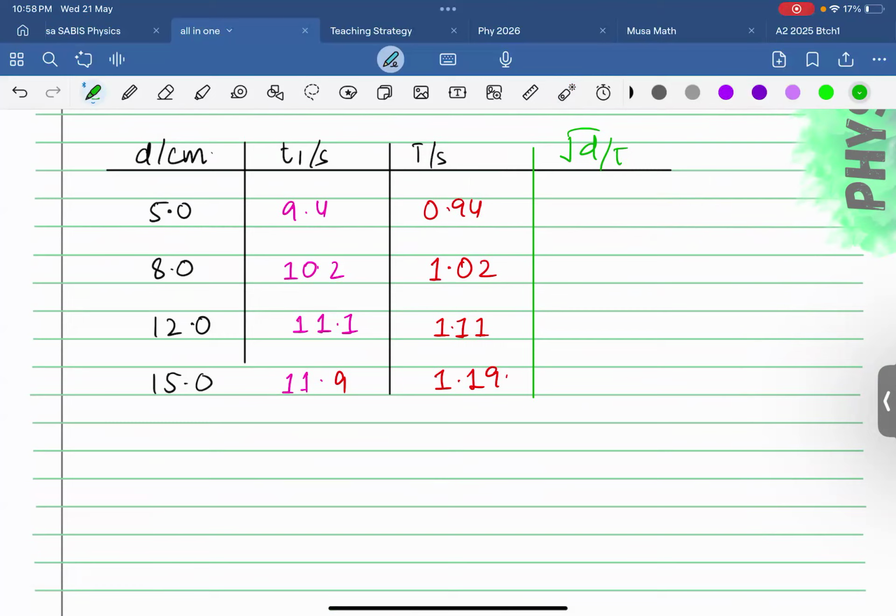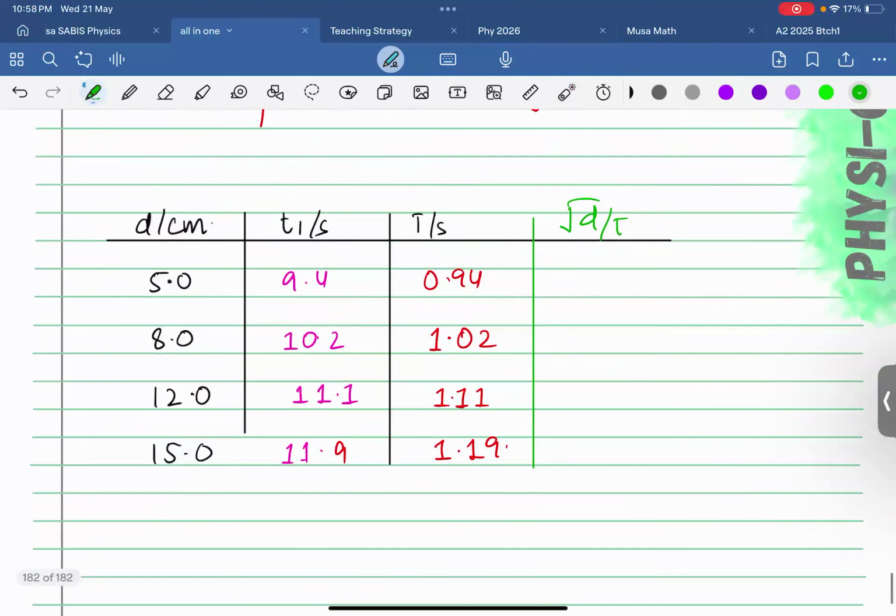So square root of 5.0 divided by 0.94. I'm getting 2.378759. Both are in 2 SF, so your answer should be in 2 SF. So I round off my value to 2 SF, so 2.4, and that's it.